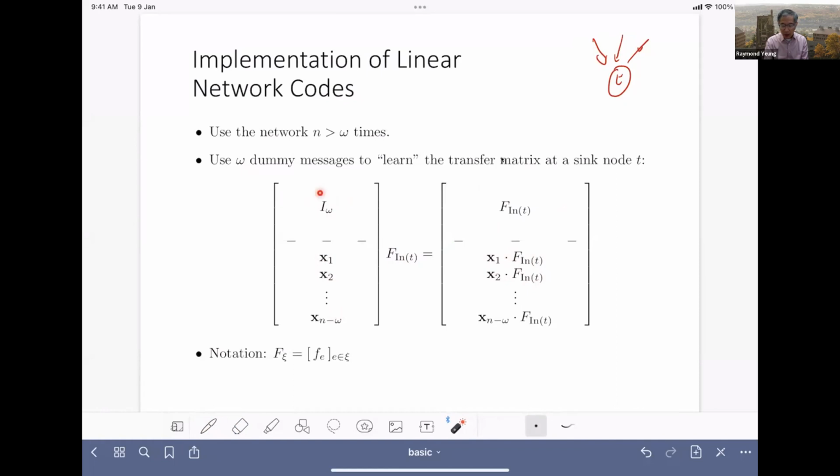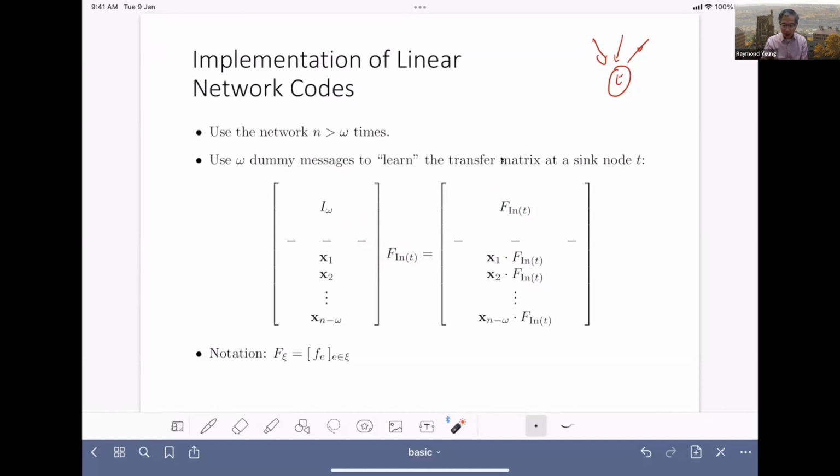Now, because you send a known matrix, which for convenience we can assume is the identity matrix, though in reality it can be any invertible matrix, you actually can receive F_in(t). F_in(t) is not known ahead of time. For example, you can use this in a network with an unknown topology. You don't know what linear transformation the symbols have gone through, but you can learn it by sending the identity matrix to start with.